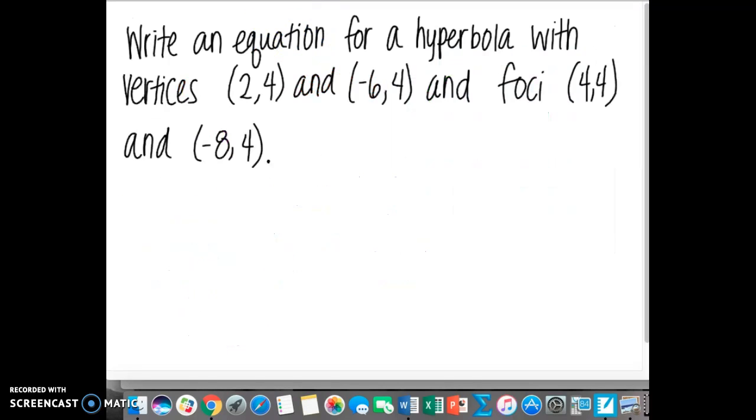Now, last but not least, if we're asked to write an equation for a hyperbola with vertices 2, 4, and -6, 4, and then foci 4, 4, and -8, 4, we're going to start by drawing a picture.